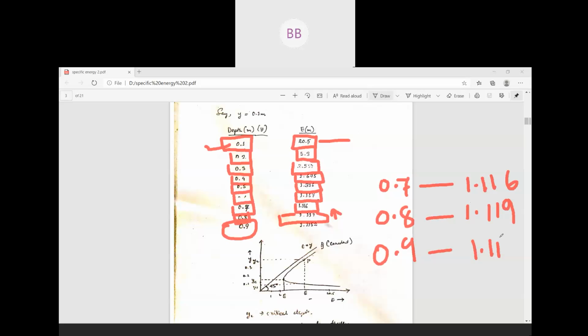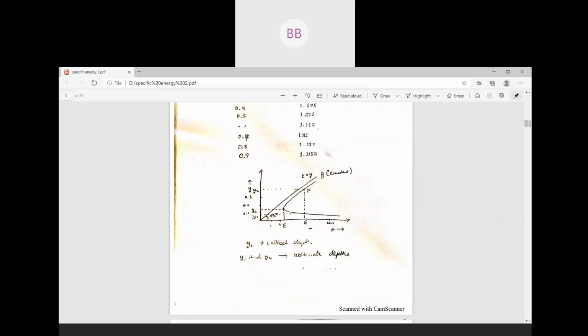So you use your Excel to get the values with appropriate two decimal points, and see how, as you vary the depth, your specific energy changes. What you're going to observe, if you draw the curve, is this 45 degree line, E equal to y.